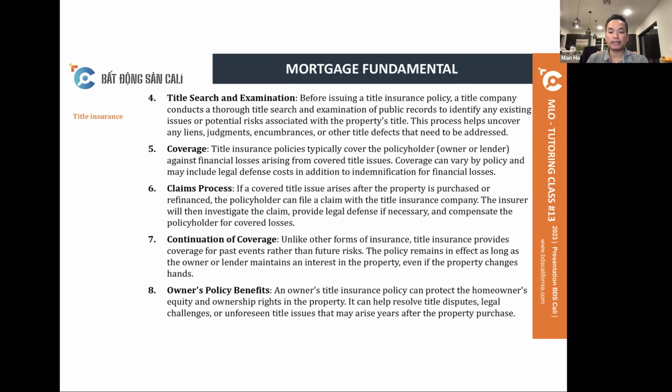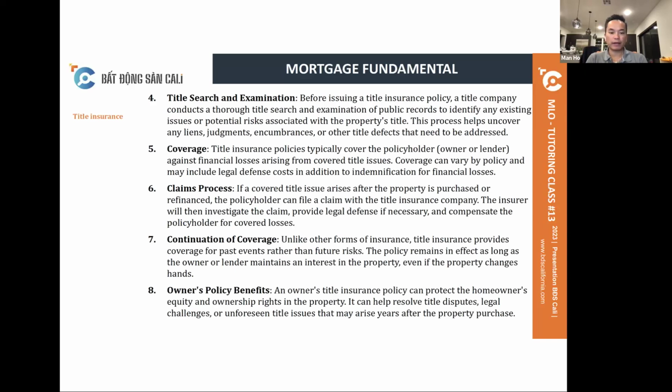The policy remains in effect as long as the owner or lender maintains an interest in the property. So meaning that if you sell the property, or if you refinance the property and the lender gets changed, then that old lender has no interest in it anymore. So that title policy is dropped. And then the new lender comes on, and they need to get a new policy for it, okay?